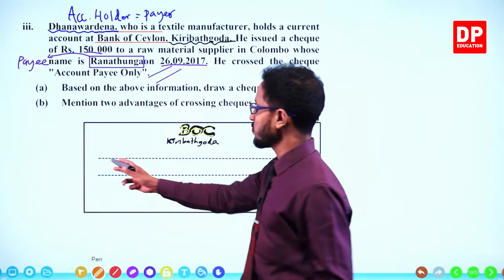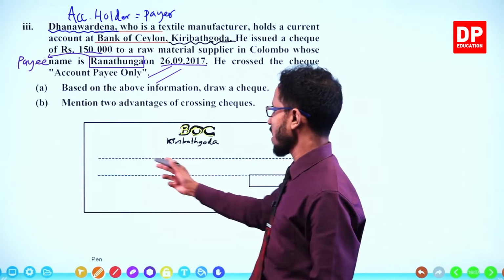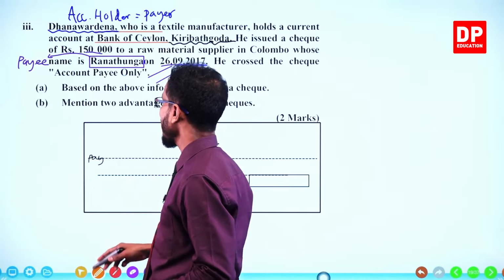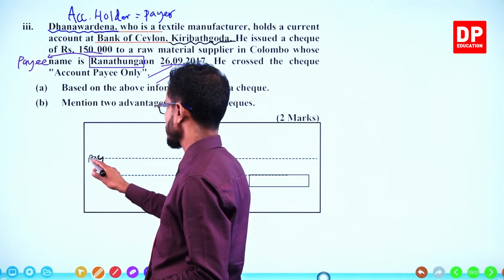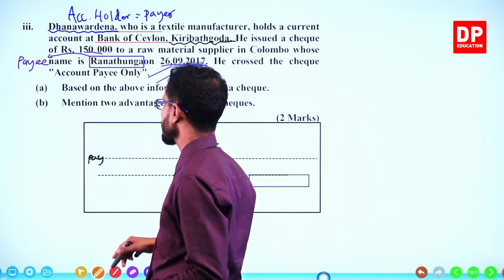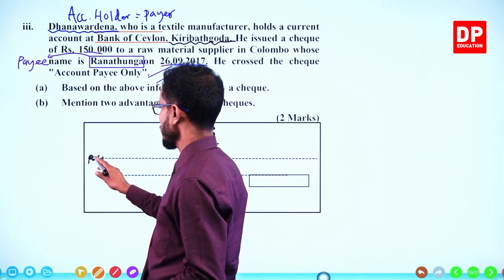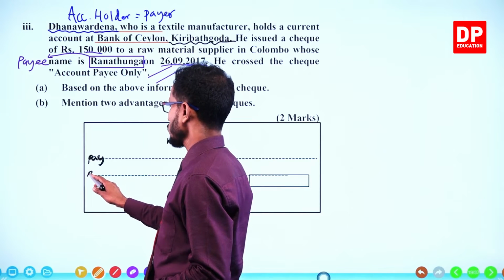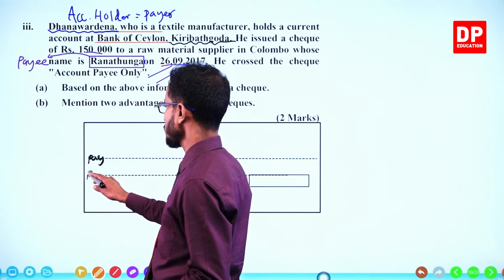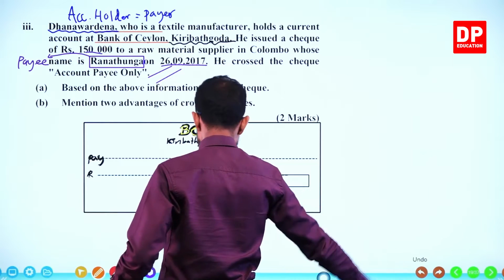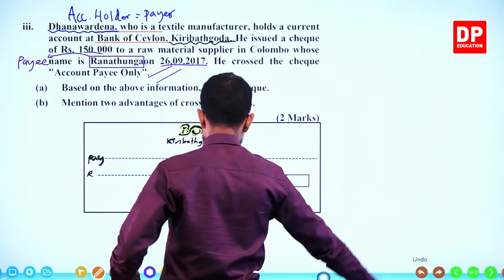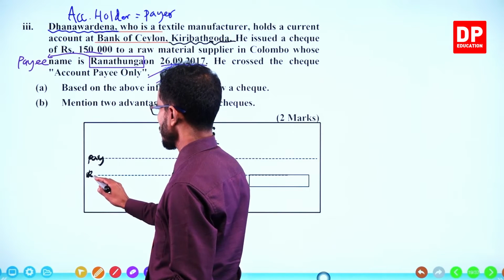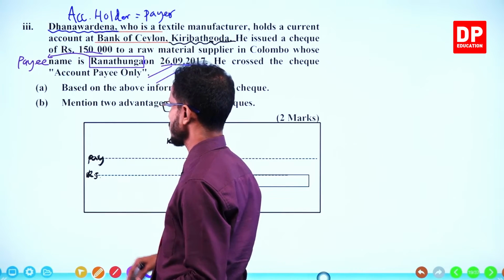For the payee's name there is a blank space, and some checks have 'pay' printed on the check. It differs from one check to another. To mention the amount, they give you a space like this and they type rupees.